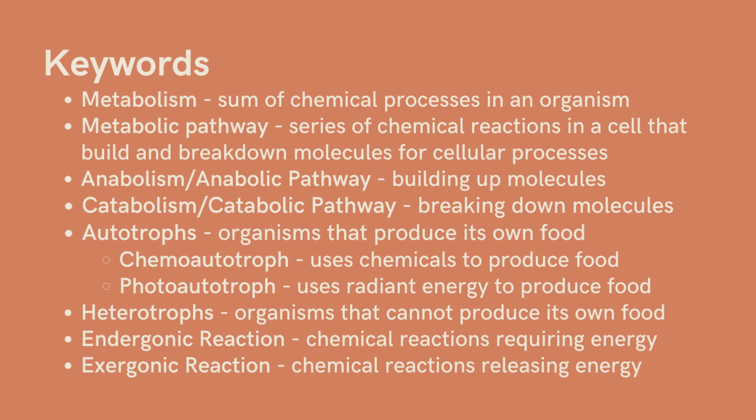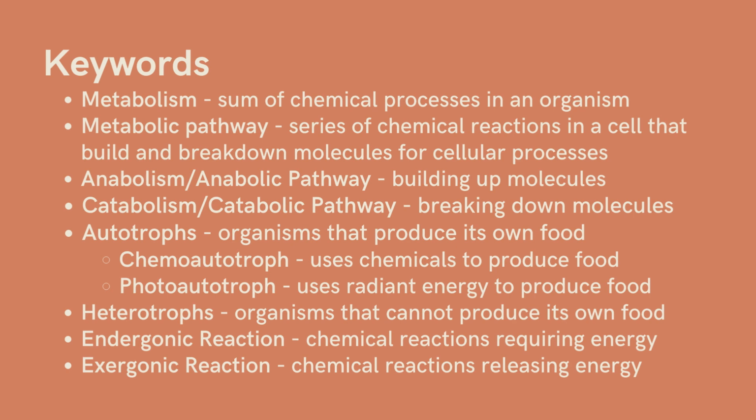Again, an organism can be classified based on how it acquires energy. So we have two: autotrophs and heterotrophs. Autotrophs are organisms that produce their own food. They manufacture their own food using either inorganic or organic compounds.